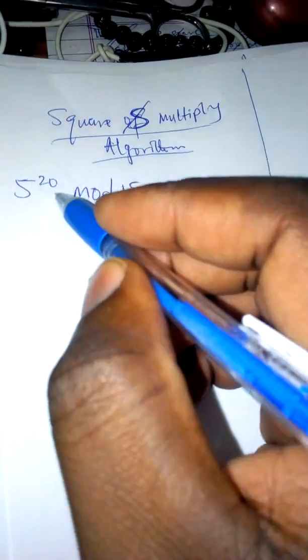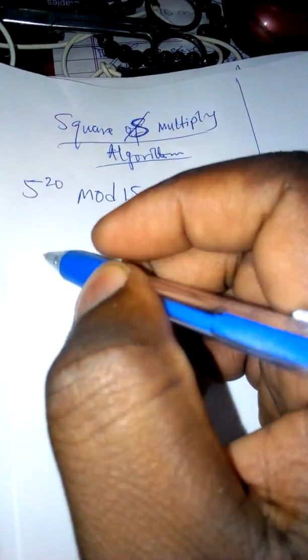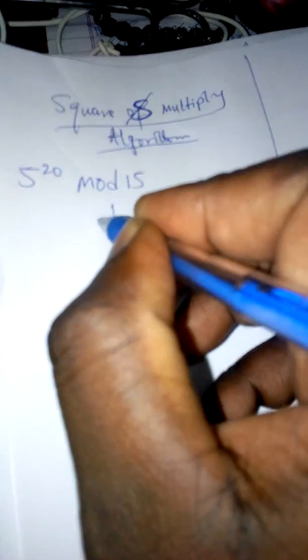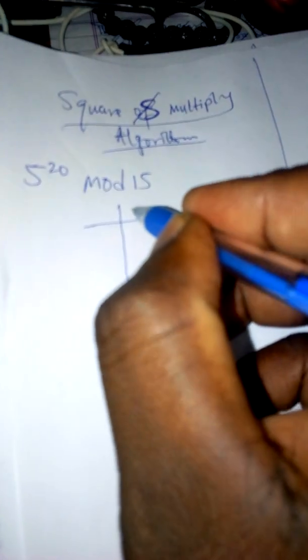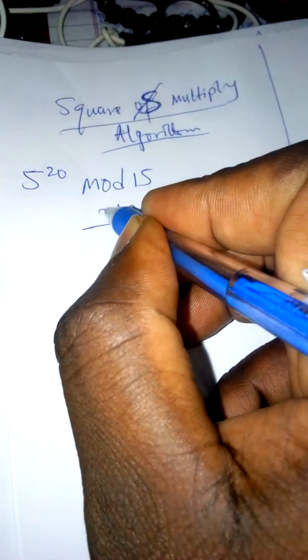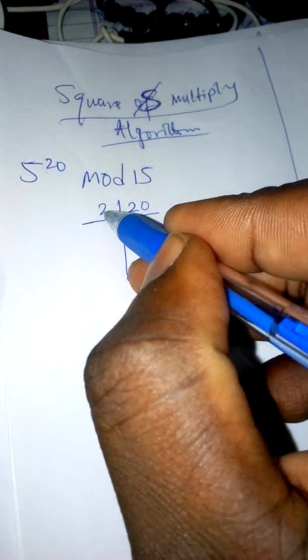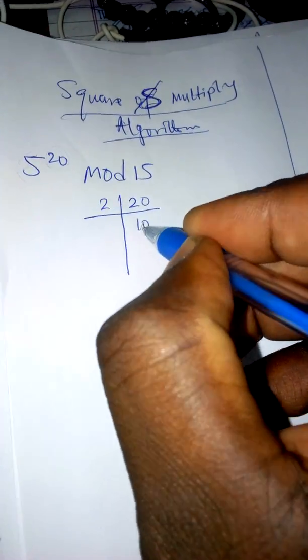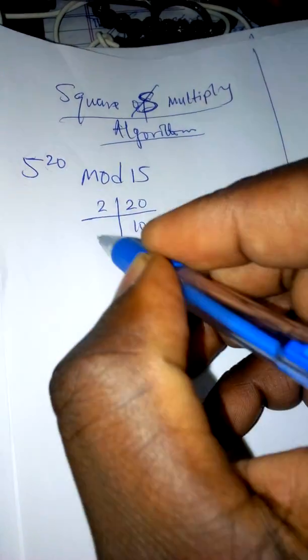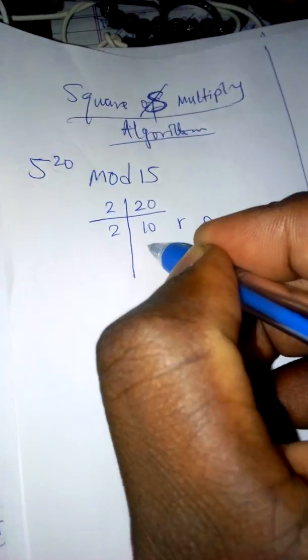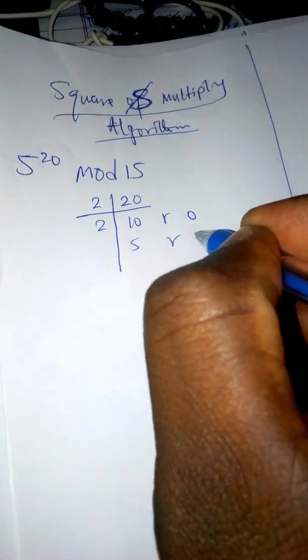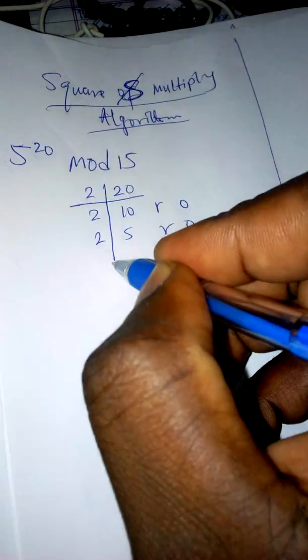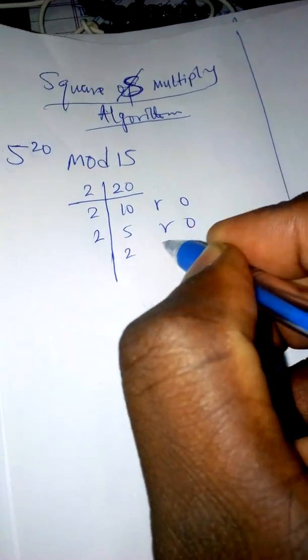The first stage is to convert the 20, that's the power, into binary. We convert it this way. We have 20 and 2, so 2 into 20 is 10, remainder 0. Then 2 into 10 is 5, remainder 0. Then 2 into 5 is 2, remainder 1.